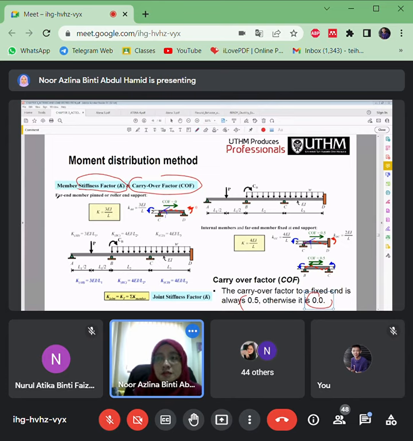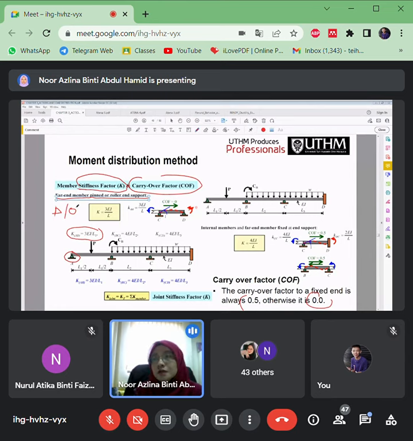For the case where the far end member is a pin or roller support, at the end of the support, the stiffness for that span is K equal to 3EI divided by L. That is why the stiffness AB is 3EI divided by L, if the far end support here is a pin or roller.